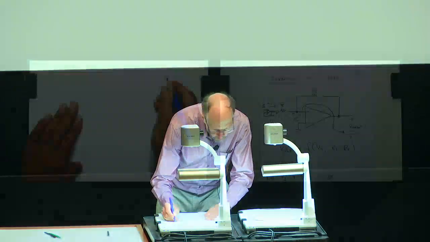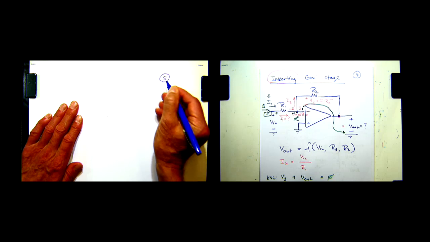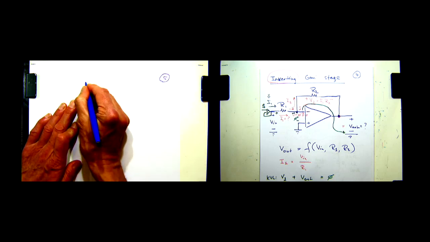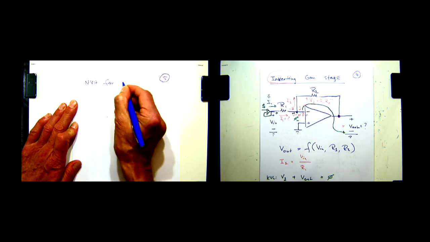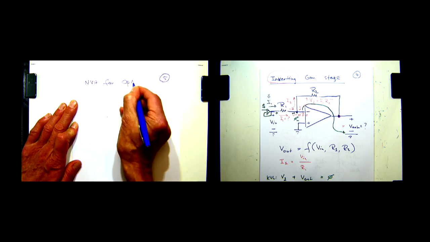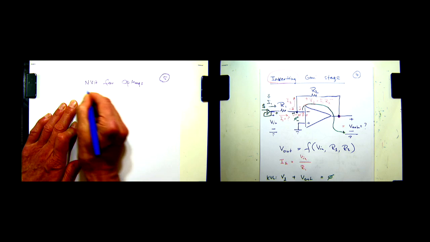We can actually do the same with op-amps. NVA, node voltage analysis for op-amps. So what's this? Well, it's a technique that works. A computer can do it. It works on any sort of circuit with op-amps that we encounter in EE 16A. And you just have to sit there and crunch and you get the result.